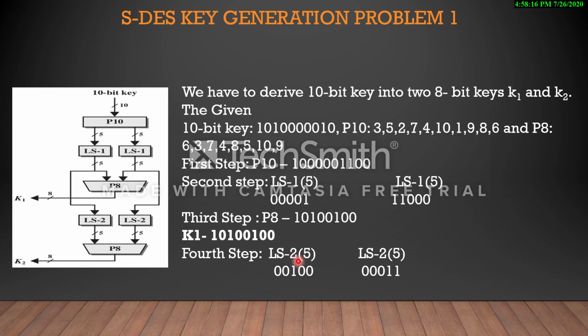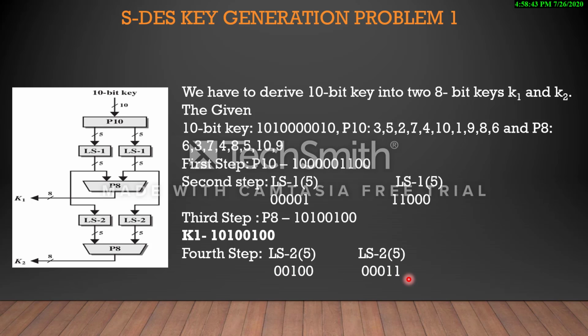Here we are going to do a left shift by 2 bits. 2 bits means these 2 will occupy the last 2 positions. So 00100. And in the right hand side, these 2 bits move to the last 2 bits. So here 00011. This is going to be the output of the LS2 part. So the output of the fourth step is these two, this 10 bits.